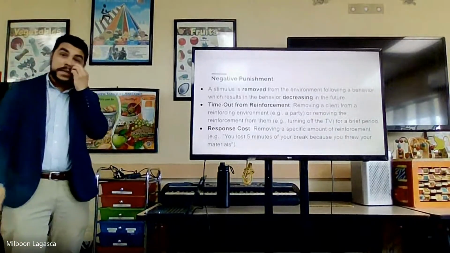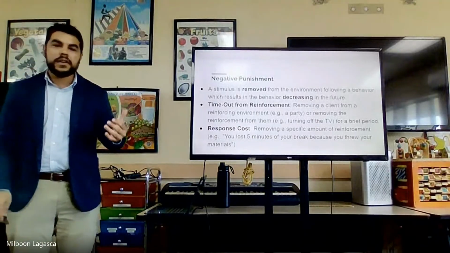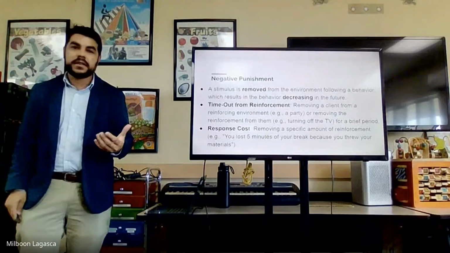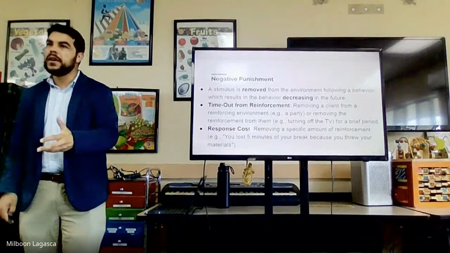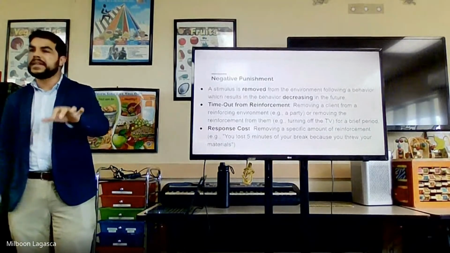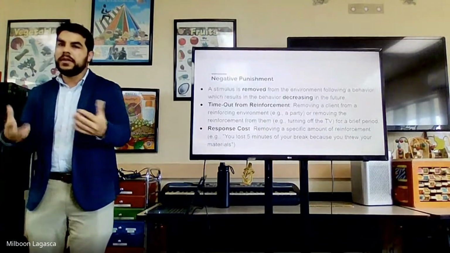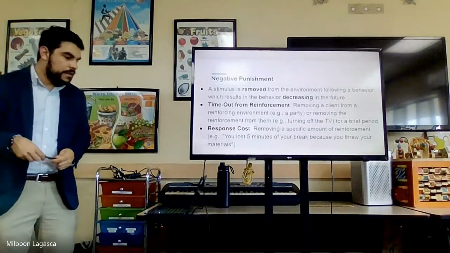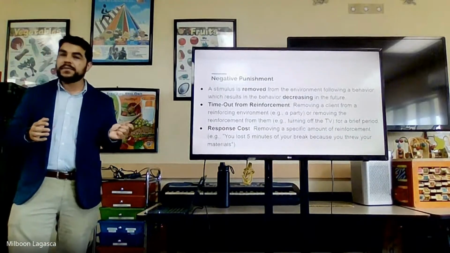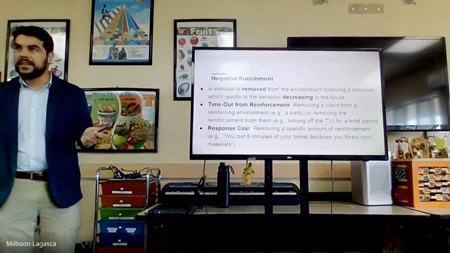So with timeout, the individual is removed from a reinforcing environment, whether spatially, or the reinforcing effects are removed from them while they are not removed from the area. More on that in a moment. And then response cost, we can think of this as a fine.